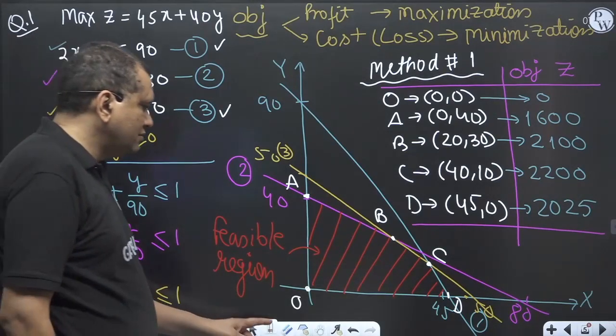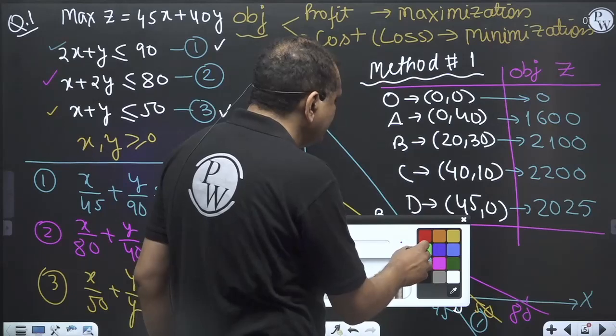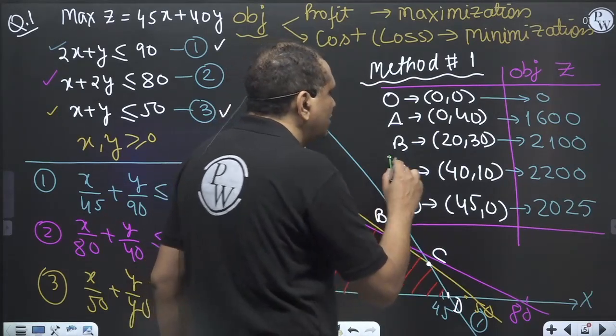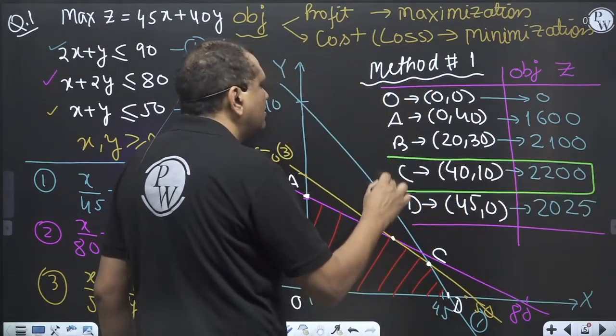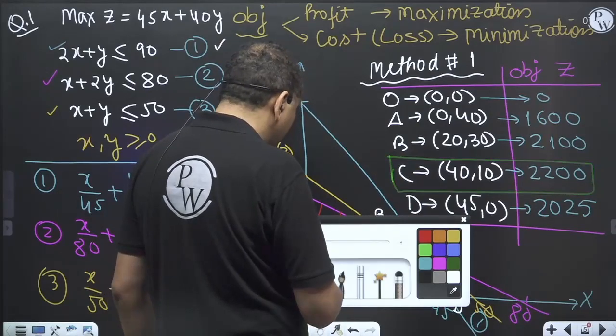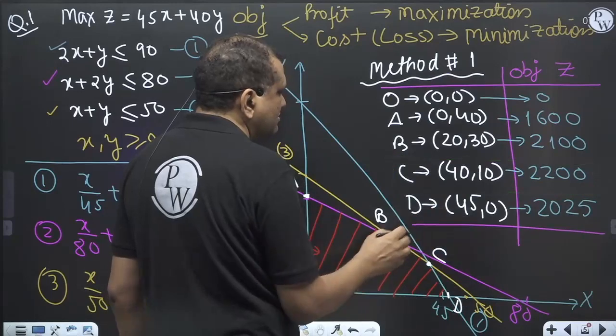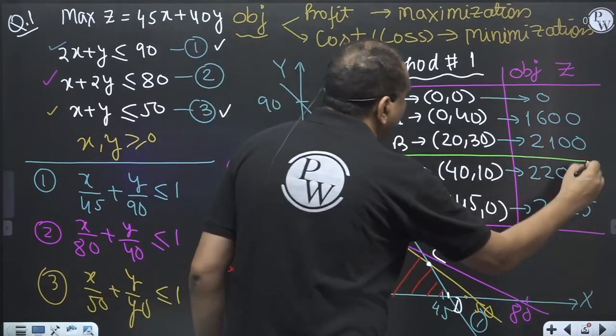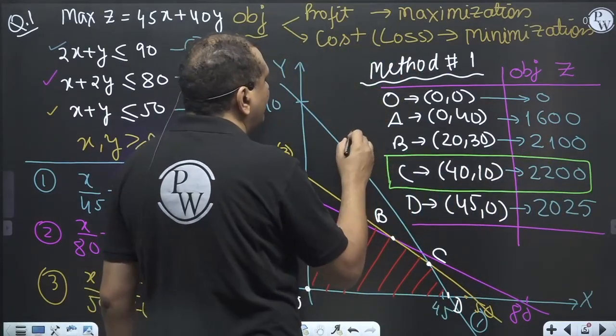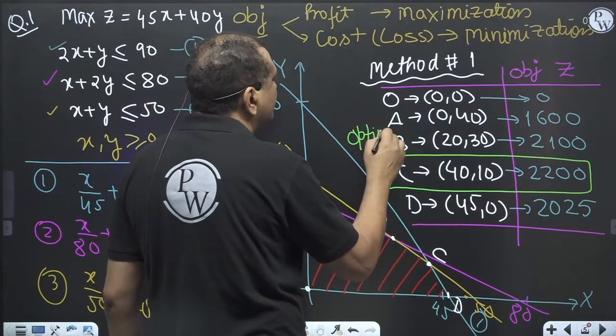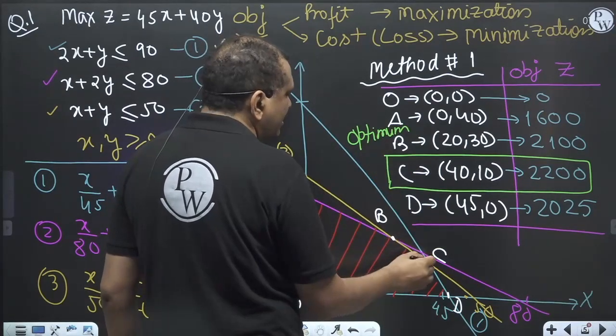So now, this is the optimum value. I mean, C is the optimum point.